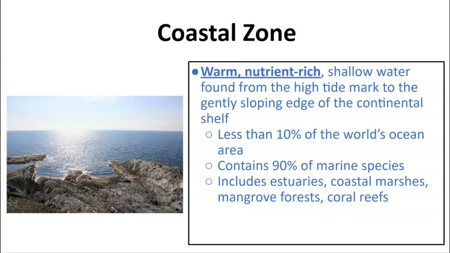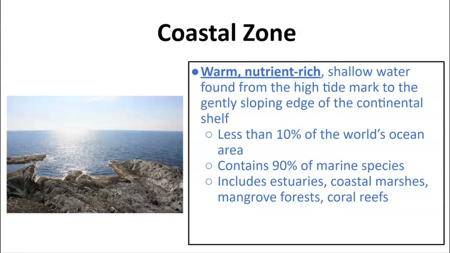The coastal zone is one of your key terms, and the coastal zone is just the warm, nutrient-rich, shallow water found from the high tide mark to the gently sloping edge of the continental shelf. It accounts for less than 10% of the world's ocean area, but it contains 90% of marine species.